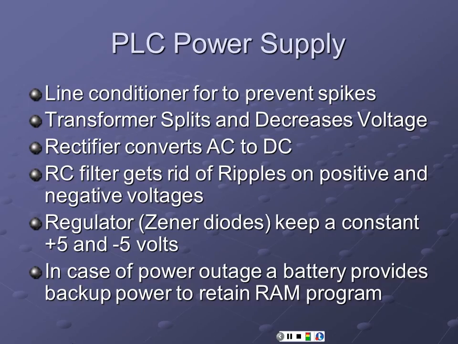We have transformers that split, decrease, or increase voltage as needed. We can convert the AC to DC using a rectifier. Most of this is built into a power supply.